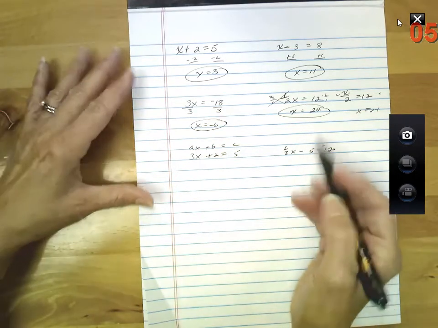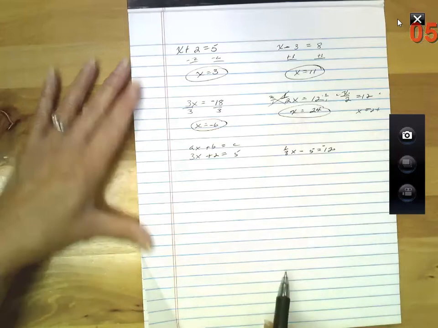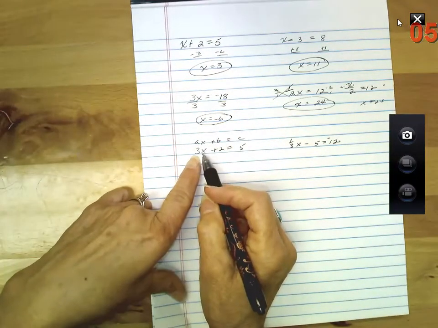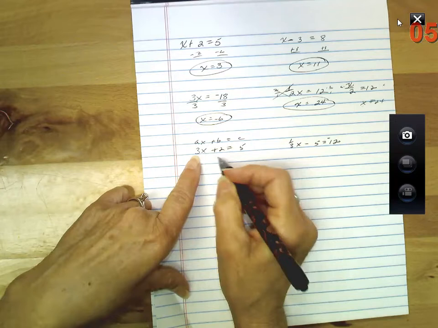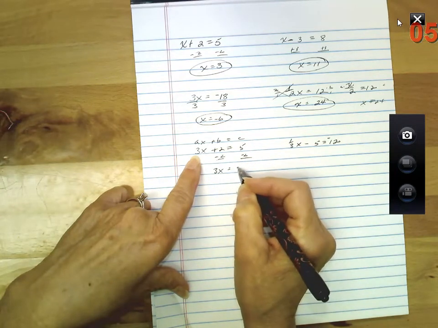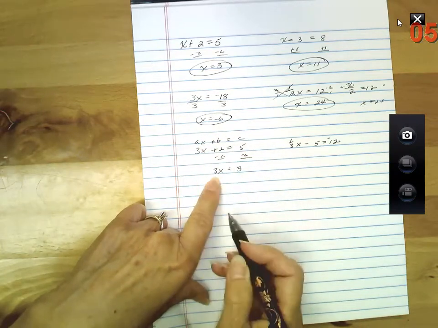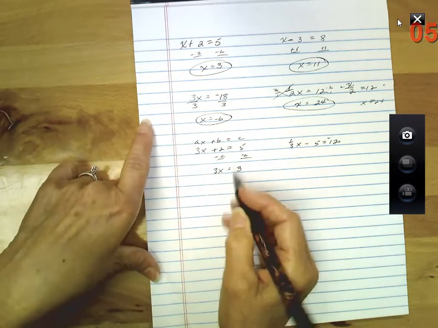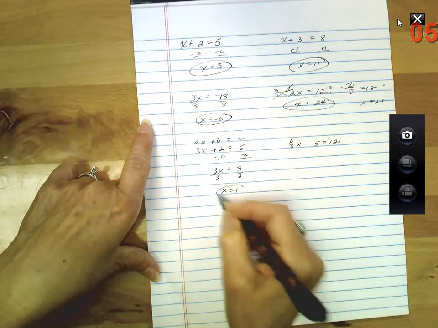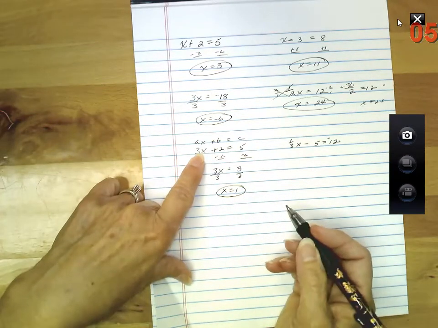It's combining one of these with one of those. Since these are connected, we don't do anything with it, but we have to move this one, so we subtract 2 from both sides, so 3x is equal to 3. Then it turns into this type, so we do the opposite. Instead of 3 times x, we divide by 3, and so x is 1. You can always put it back in and see if it works out.